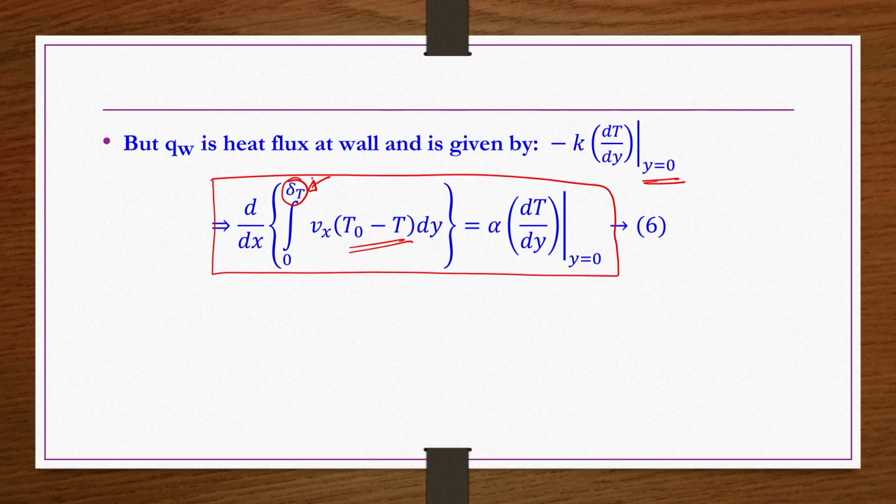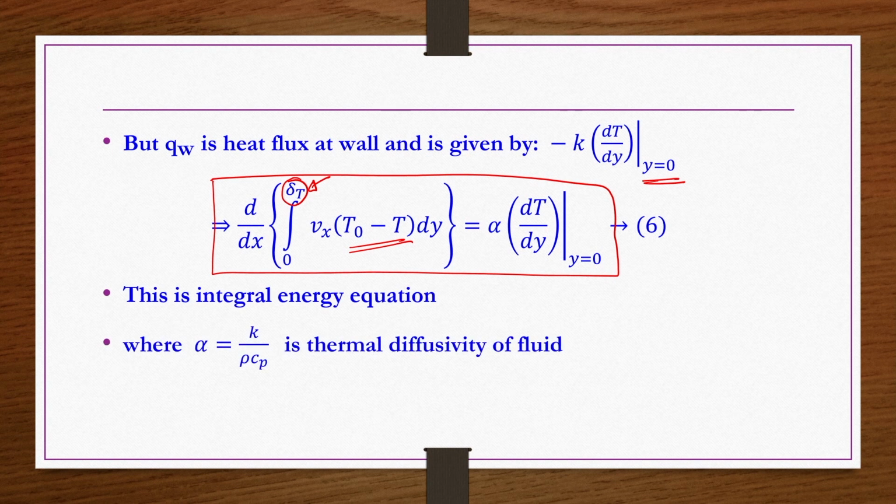We do not want what is happening outside of the boundary layer, because outside of the boundary layer gradients are approximately 0, or temperature is equal to T naught. So, then the integrand will become 0. So, that is the reason the upper limit has been changed to delta T from h, right.